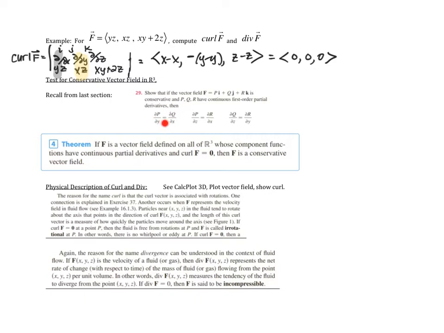So if they are equal, you get a curl of 0, 0, 0. It turns out that if the curl of your vector field is 0, and you have continuous partial derivatives, then F is conservative.